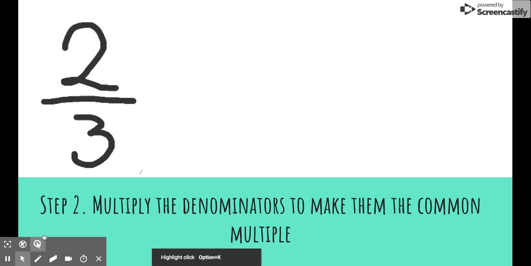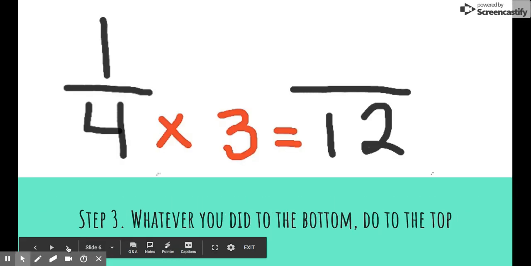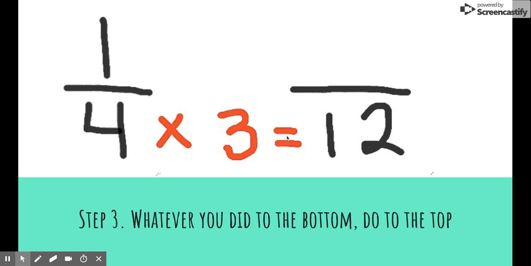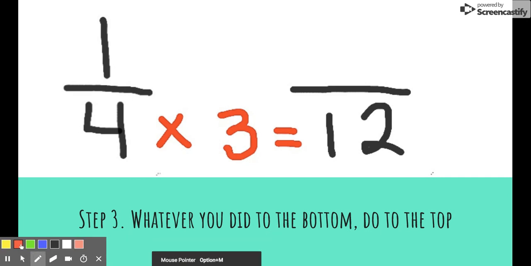So our next step is we remember whatever we did to the bottom, we do to the top. So with 1/4, we did 4 times 3 equals 12. So we need to do that same thing to the top.